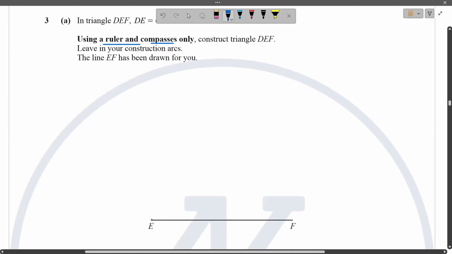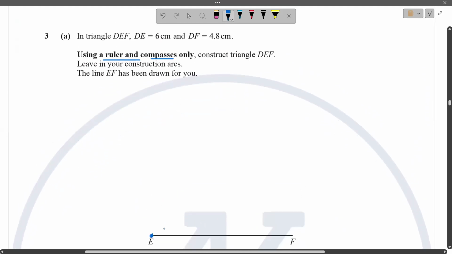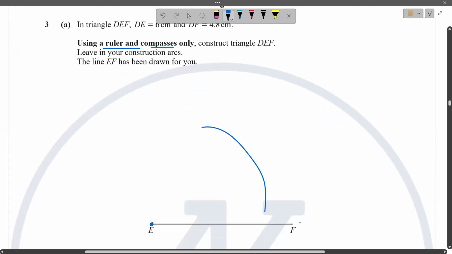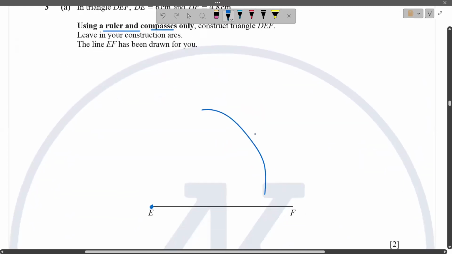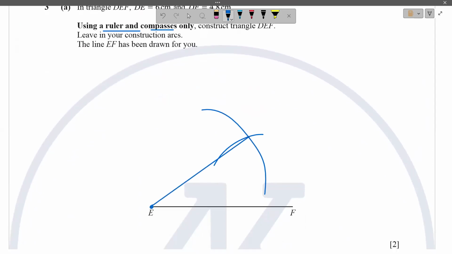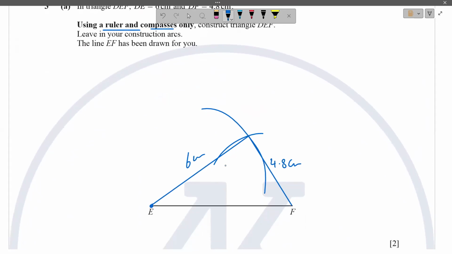So for drawing them, I'm going to use the compass, open it to 6 centimeter and draw a curve. From F, I'm going to open the compass 4.8 and draw a curve, then connect the line. 4.8 and 6 centimeter, and leave your constructions.